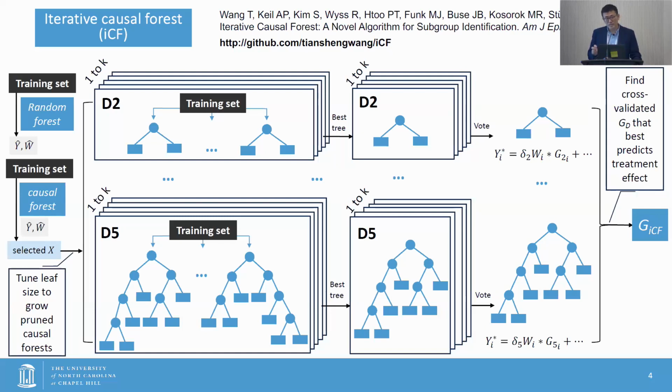And then it predicts the causal treatment effect by building a model including interaction terms of the treatment and the subgroup decision, and finds the cross-validated subgroup decision that best predicts the causal treatment effect. That will be the output of the ICF algorithm.